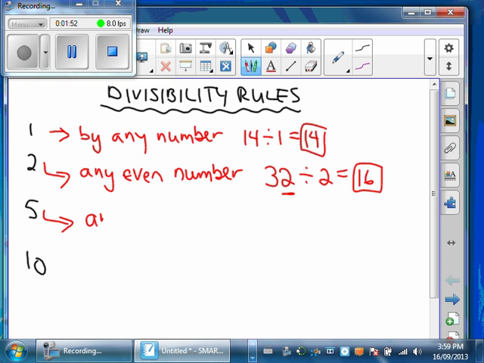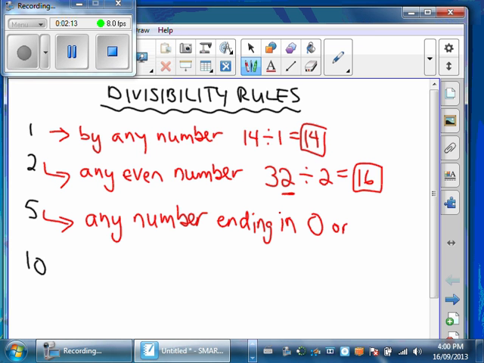Take a look at the rule of 5. So 5 will divide evenly into any number ending in 0 or 5.